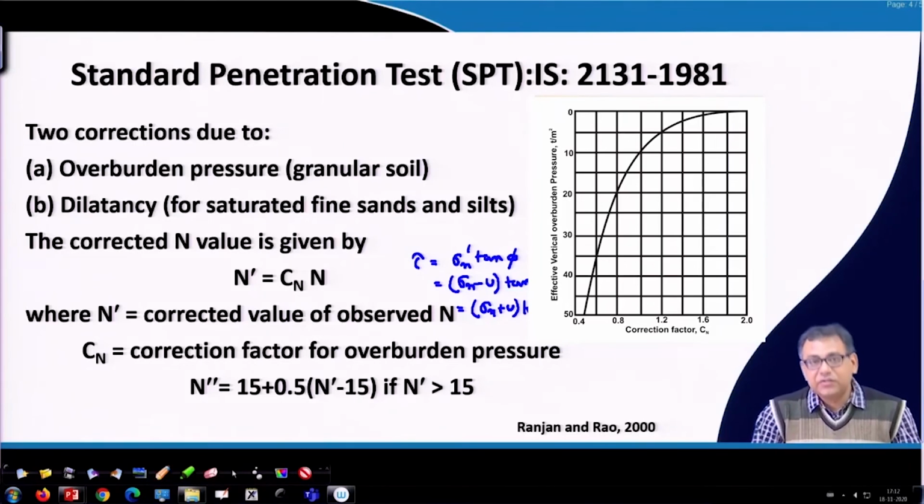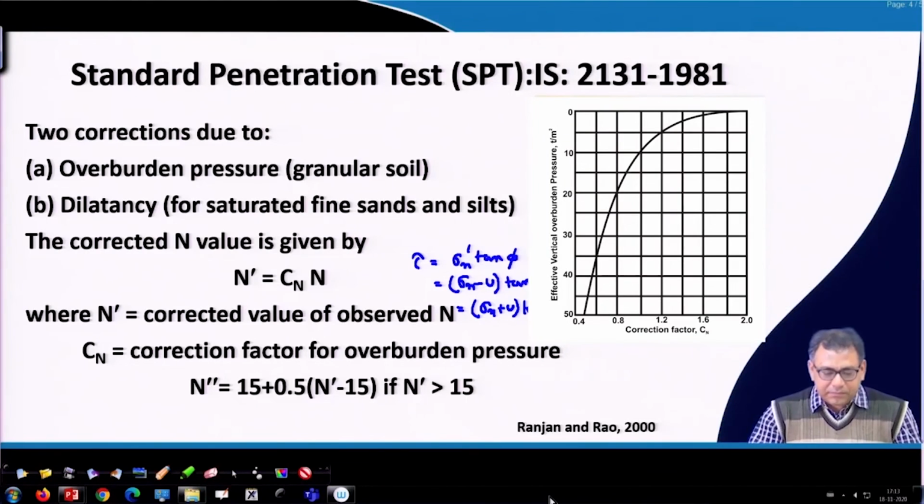So, what will happen? Your strength will increase because of this effect, which means you will get the higher N value. So, to nullify this effect, we have to reduce the N value, and that is why we will apply this dilatancy correction.